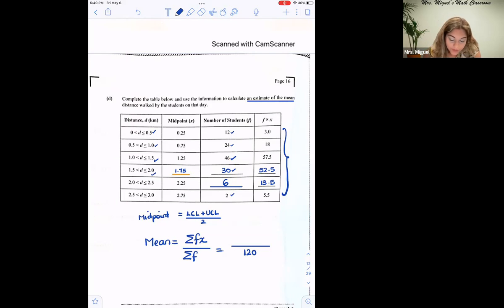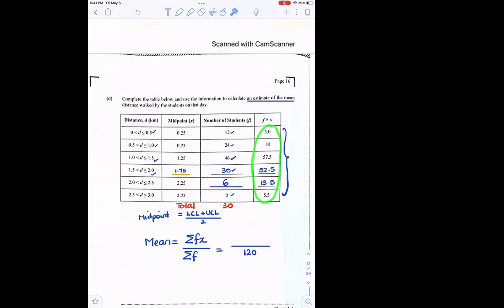All right, what's the total? What is the total of f multiplied by x? What is the total of this column? 150.